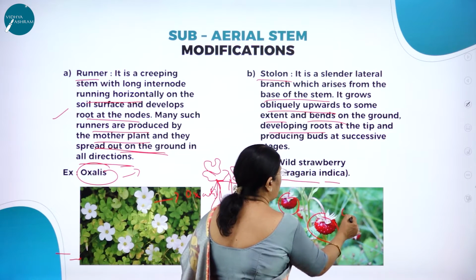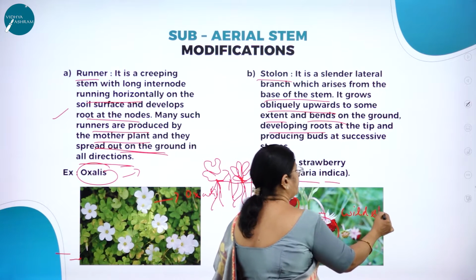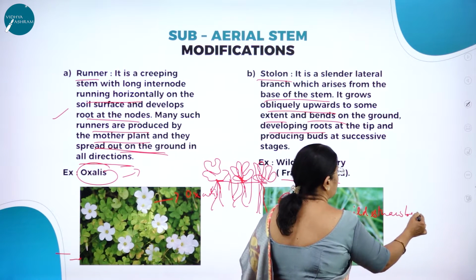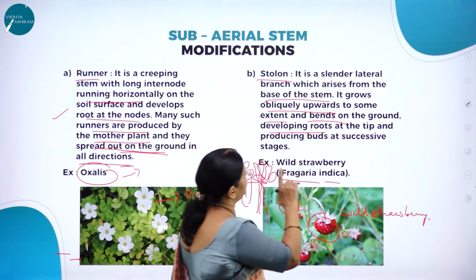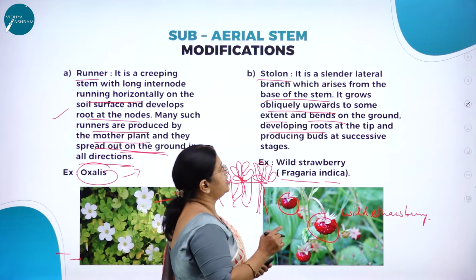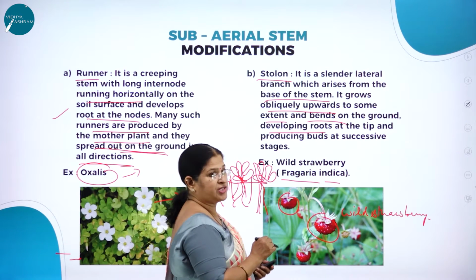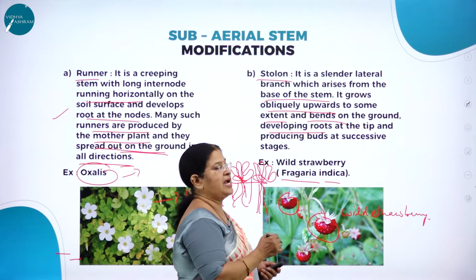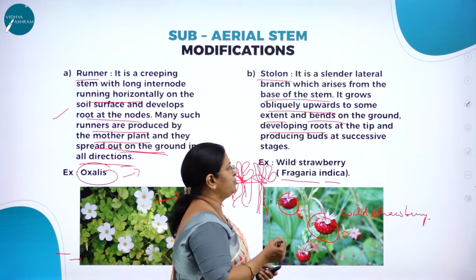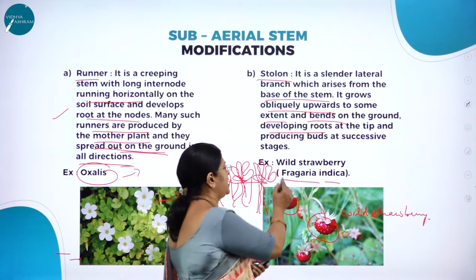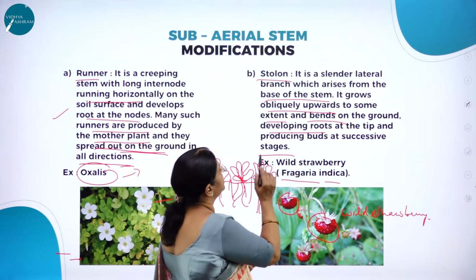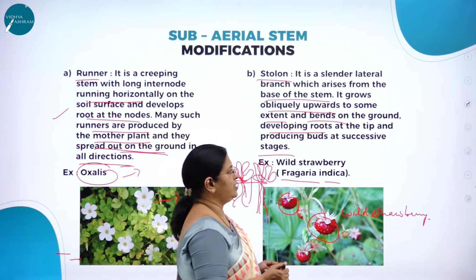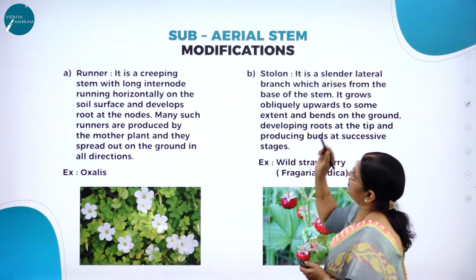It is a slender lateral branch which rises from the base of the stem. It grows obliquely upwards to some extent and bends on the ground, developing roots at the tip and producing buds at successive stages. So what is the example for stolon? Wild strawberry.